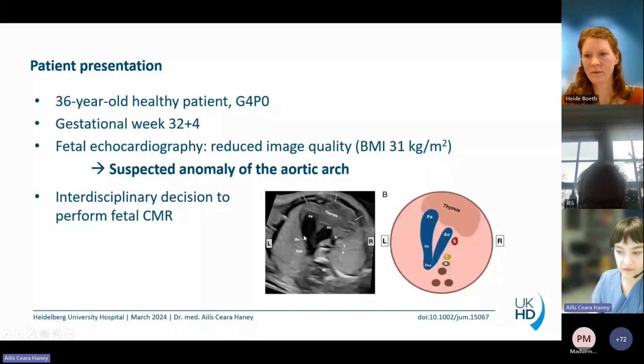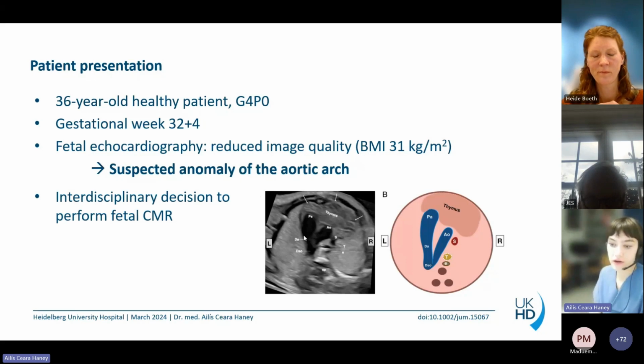So the patient was referred to our specialized fetal echocardiography lab here at the University Hospital Heidelberg, and image quality was reduced. The patient was overweight. So 2 of our very experienced examiners also were unsuccessful in visualizing the aorta and the aortic arch. So the patient was referred to our department for cardiac imaging with the suspected diagnosis of anomaly of the aortic arch.